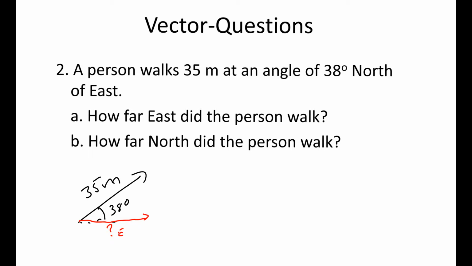So it's going to be cosine 38 equals, adjacent over hypotenuse, which equals question mark east divided by 35.